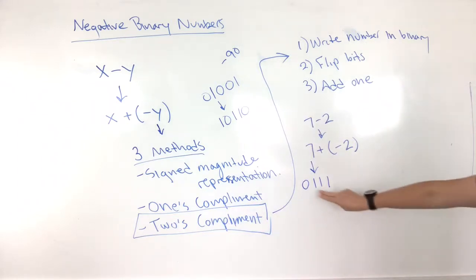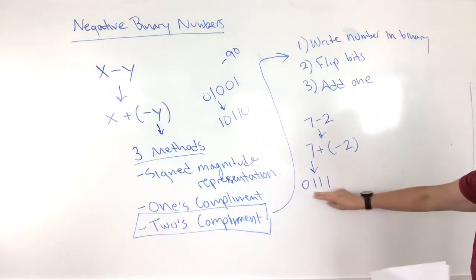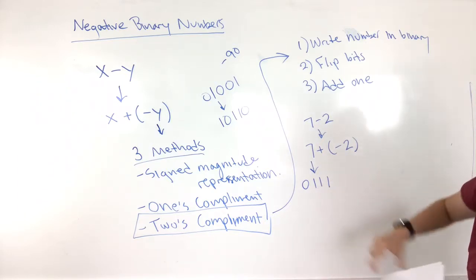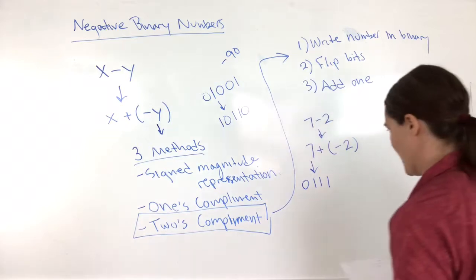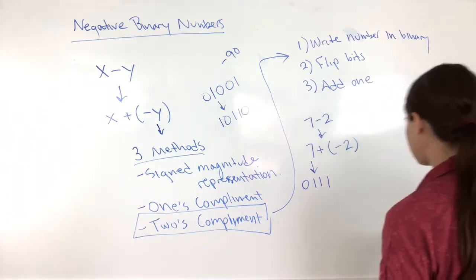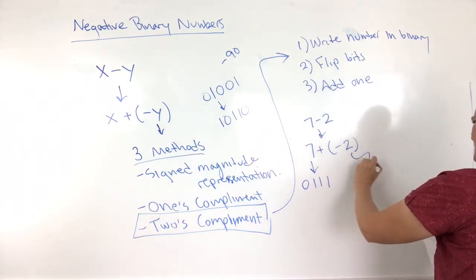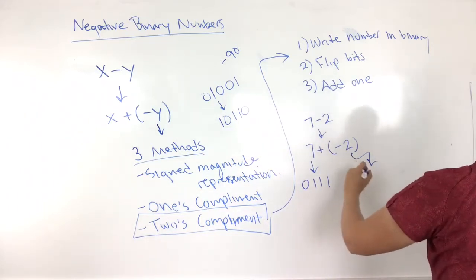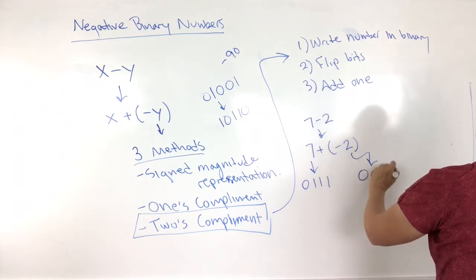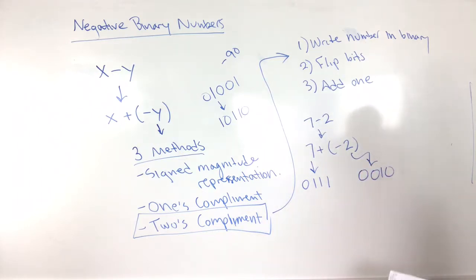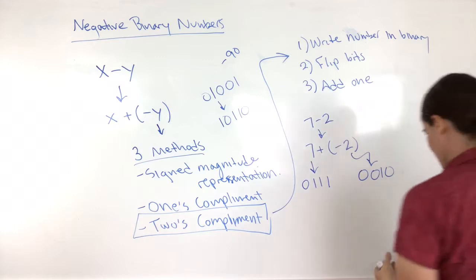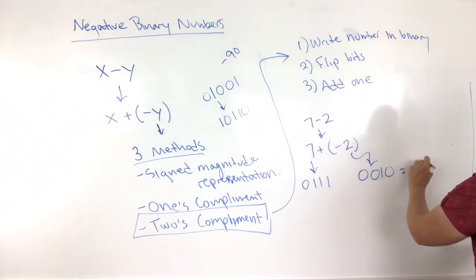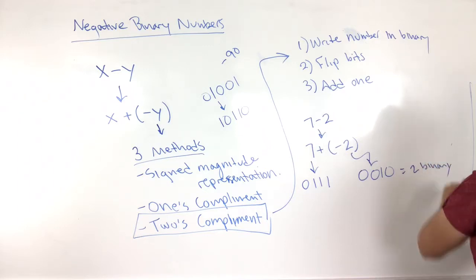If you want to review how I got the 0, 1, 1, 1 from 7, go back to the video on how to write binary numbers. Then for the negative 2, first of all, we write the number for 2 in binary. So this is 0, 0, 1, 0. This is assuming we have 4 bits, so each number is 4 bits. So this is equal to 2 in binary.